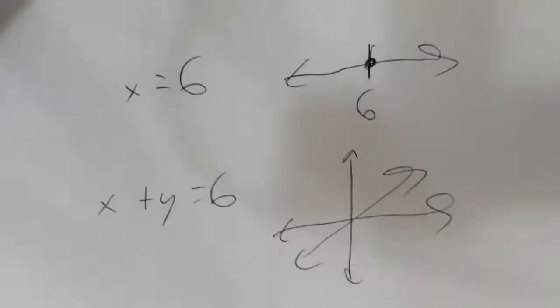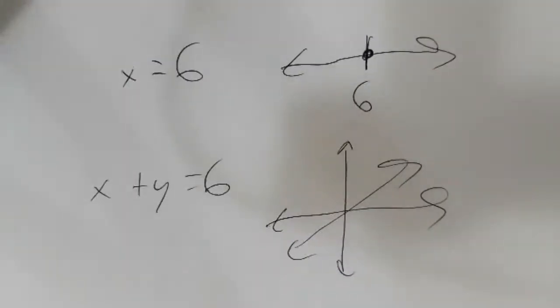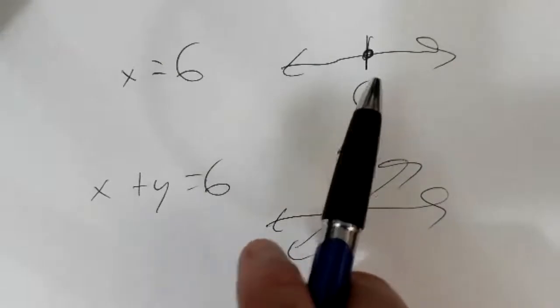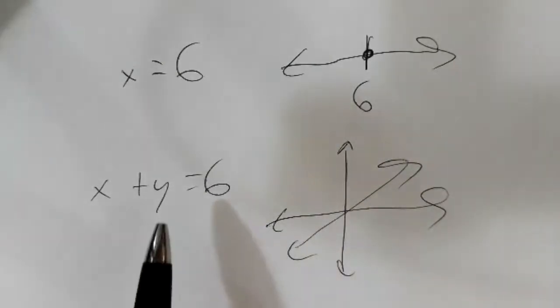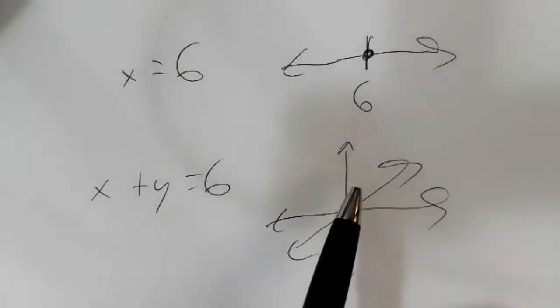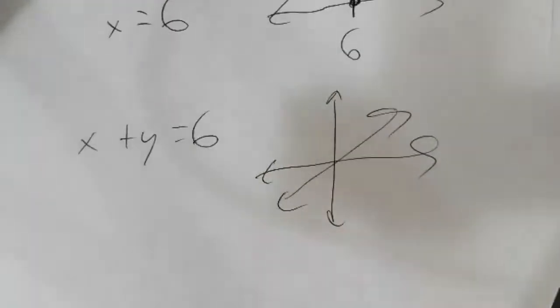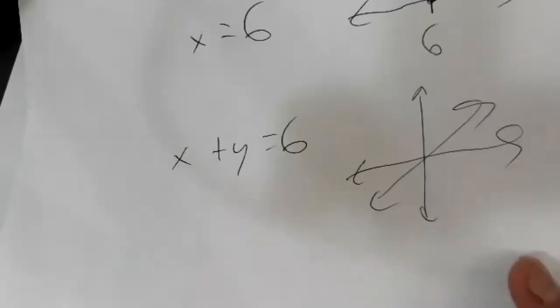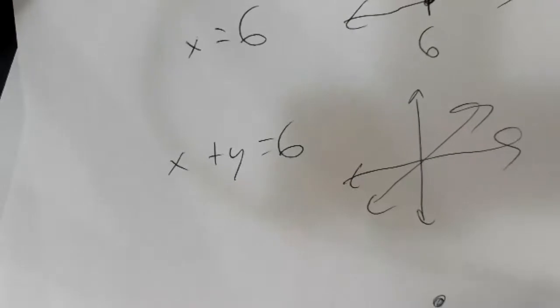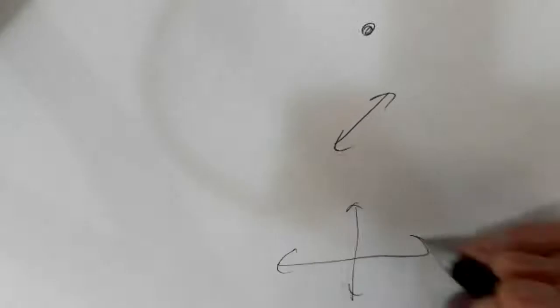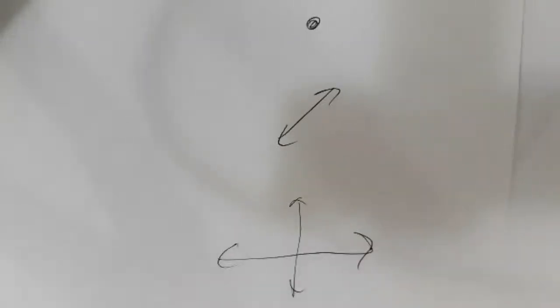So these are what our solutions look like, right? If we have a single variable, it looks sort of like a point. If we have two variables, it looks like a line. So we're going from a point to a line. And then the next thing is that we've got to talk about a plane, right? Solutions with three variables are going to look like planes.